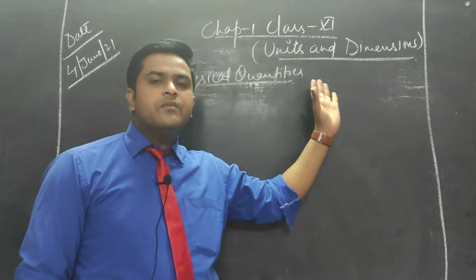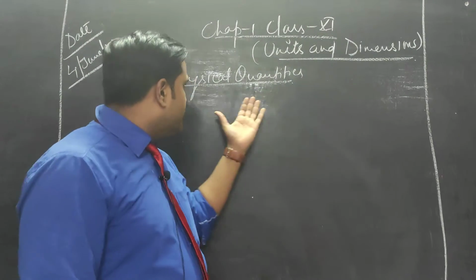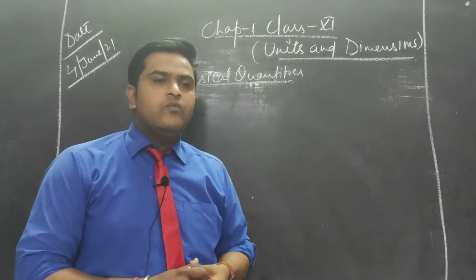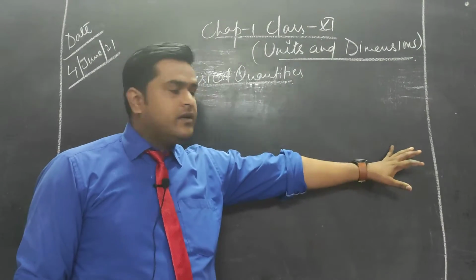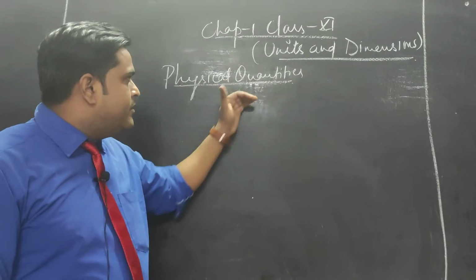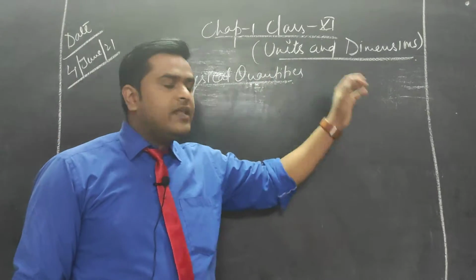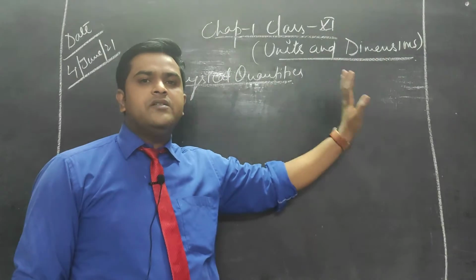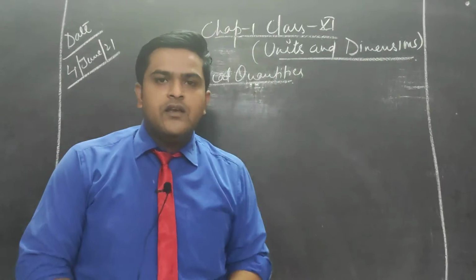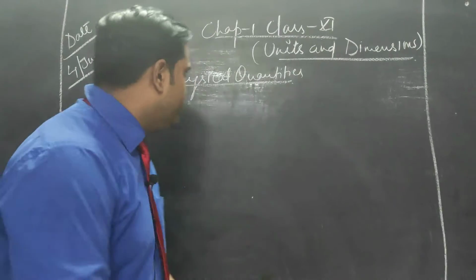We'll study some examples of those quantities, and later on we'll move to fundamental units and derived units. In this video we'll be covering all these portions, and after that we'll discuss the units and dimensions, that is, dimensions of the physical quantity. So students, let's start with the video.